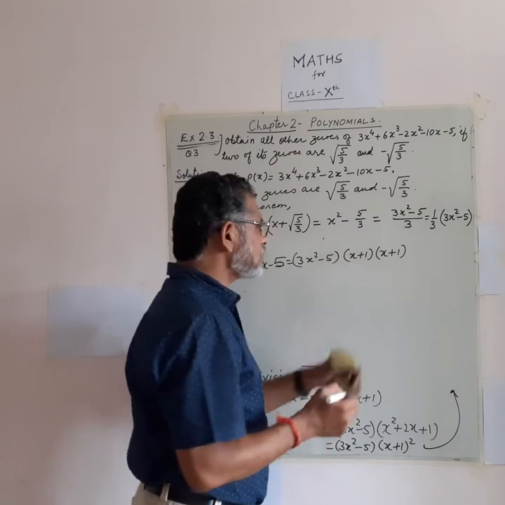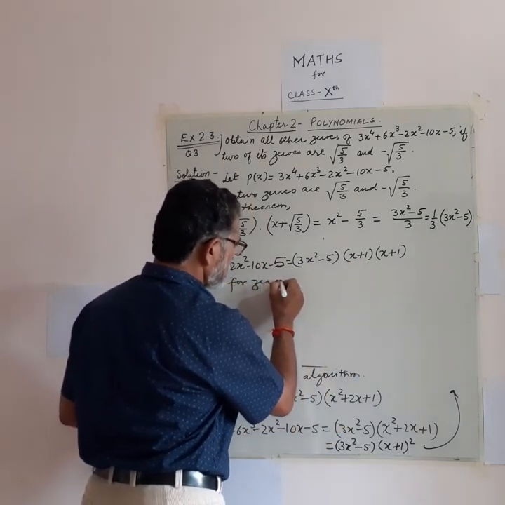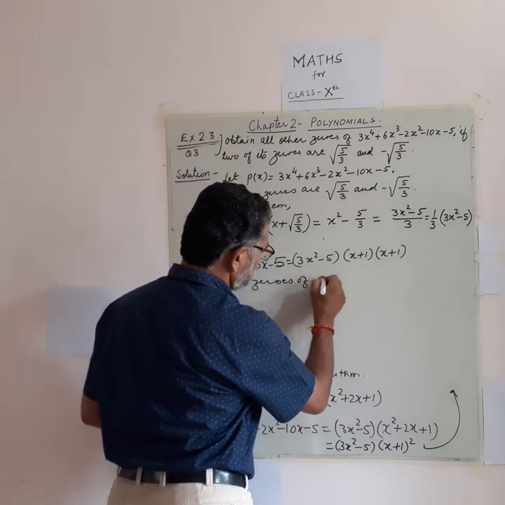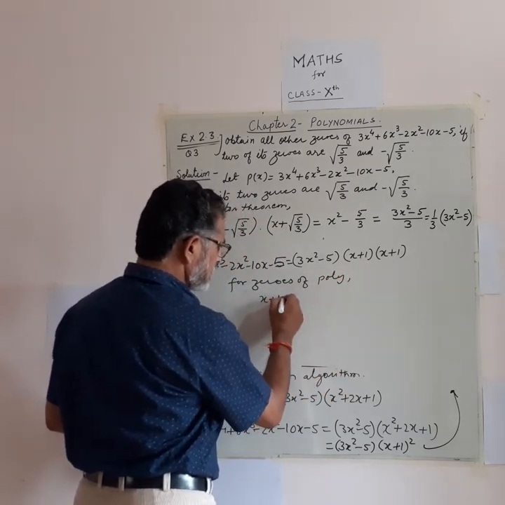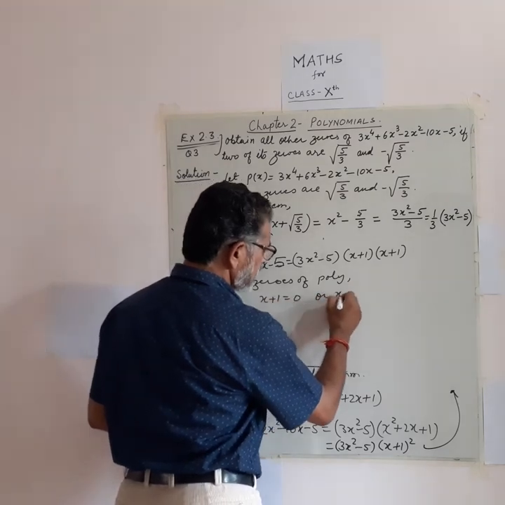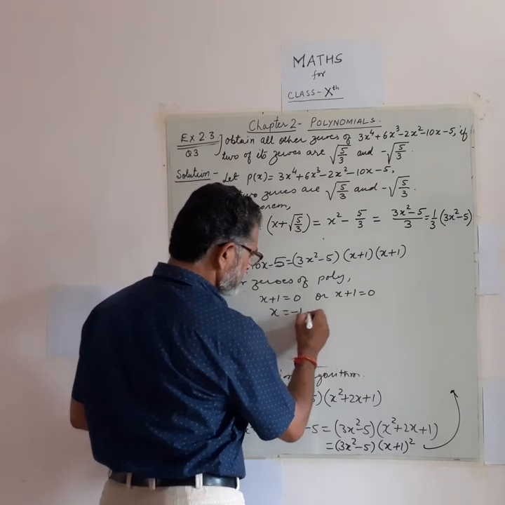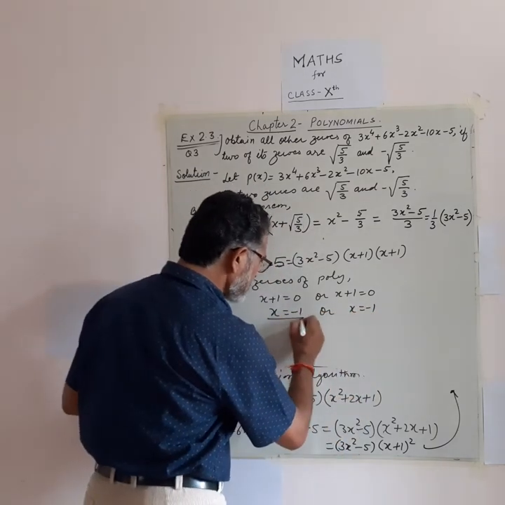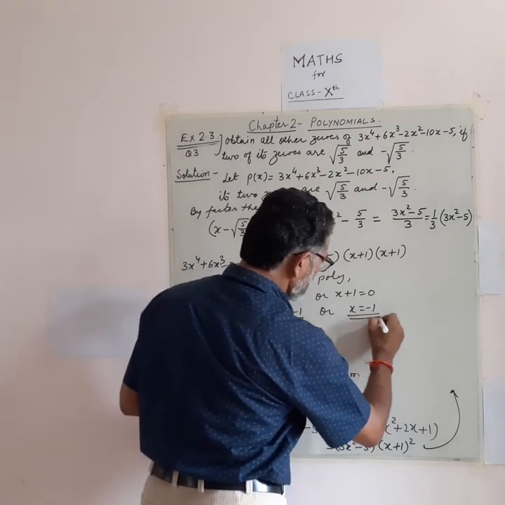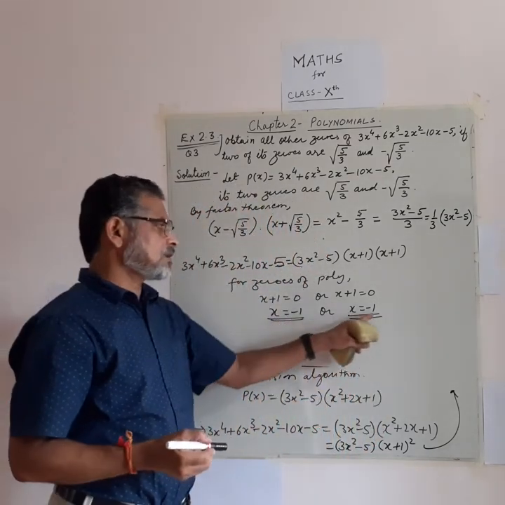So to get zeros of polynomial, we compare x plus 1 is 0 or x plus 1 is 0. So we have x is minus 1 or x is minus 1. So what we get? We get two same zeros. The other two zeros are equal and each is minus 1.